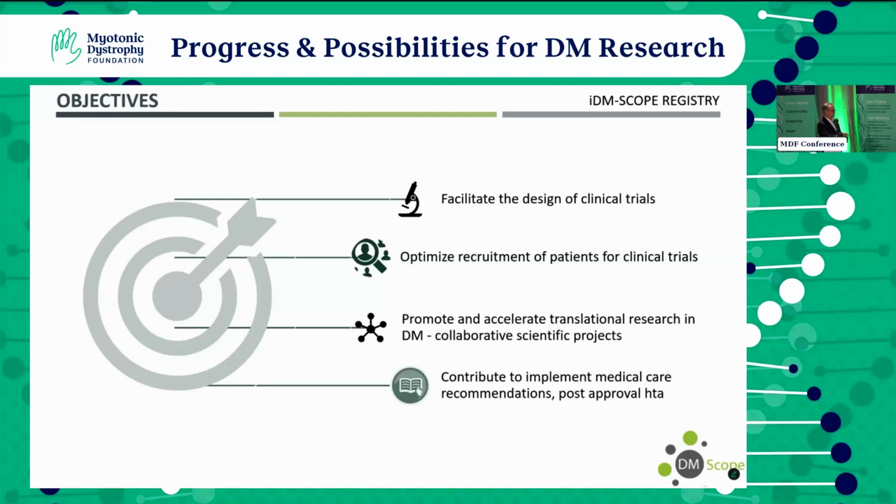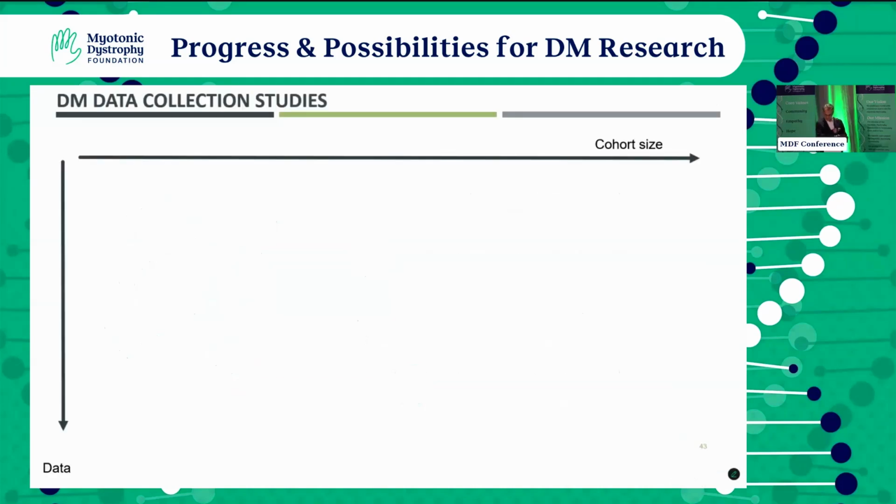The final aim would be to inform and implement recommendations for the regulators, institutions and payers, and to be prepared for the post-approval period. So I briefly summarized some very few examples in the DM community. You have two different axes.